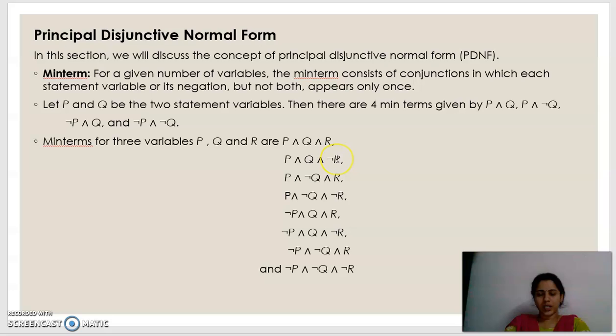In the second, negation is applied only to R. In the third, negation is applied only to Q. In the fourth, negation is applied to Q and R. Next we apply negation to P and R, and next to only P and Q. And the last one is negation of all the variables connected by conjunction. So these are the different min terms possible if we have two variables and if we have three variables.